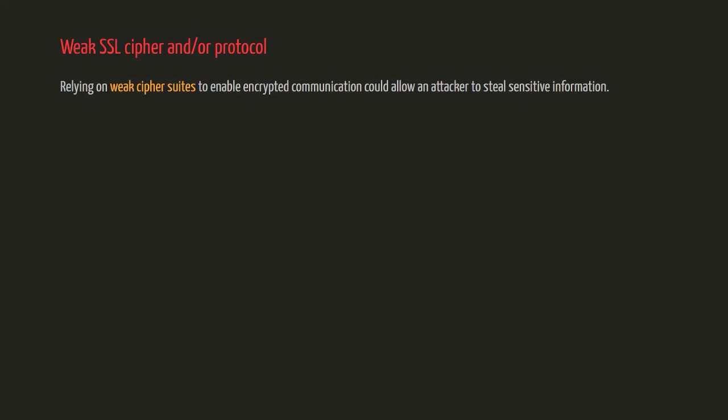Relying on weak cipher suites to enable encrypted communication could allow an attacker to steal sensitive information. An application relying on SSL or TLS to ensure authenticity and integrity of data transmissions could be vulnerable to compromise if it fails to choose sufficiently strong cryptographic algorithms.